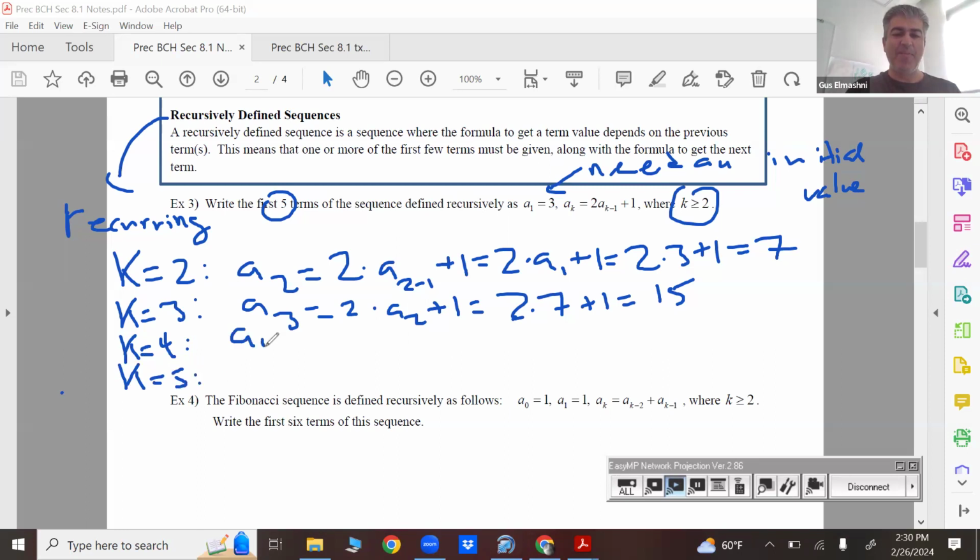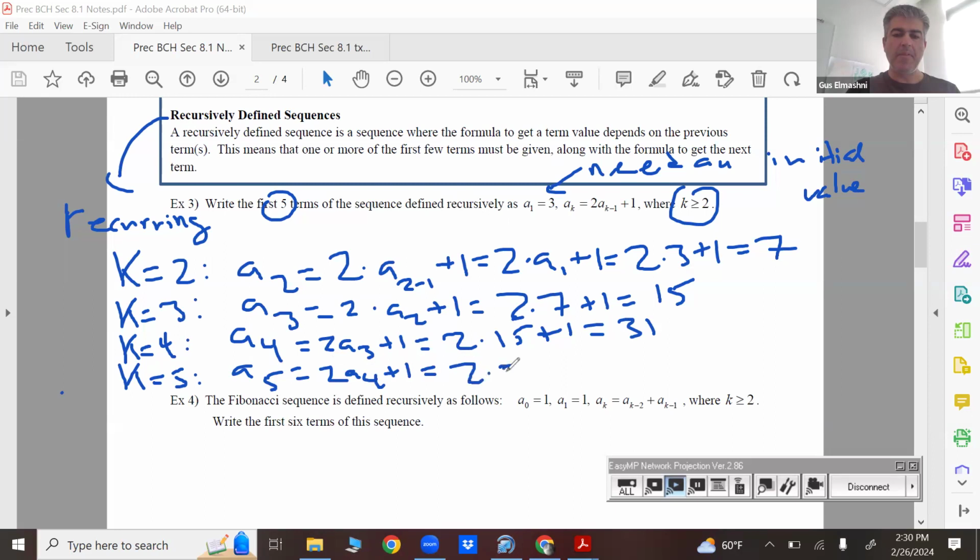All right, a4. So now you get the point, guys, right? Then a5. So 7, 15, 31, 63.